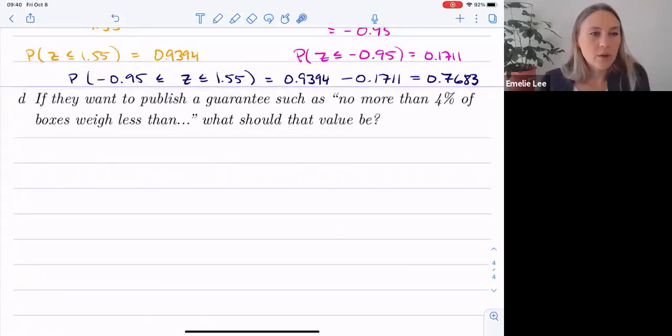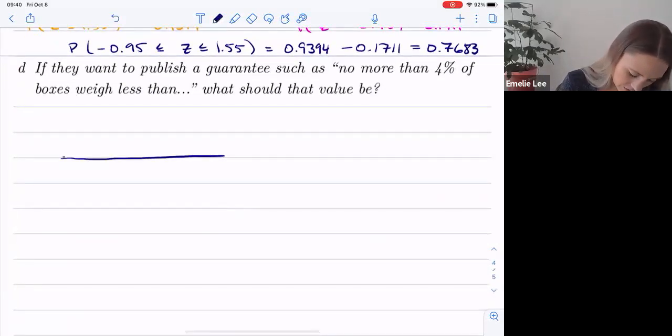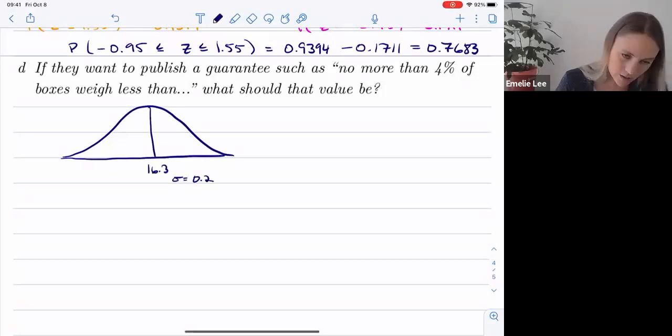So they want to publish a guarantee that says no more than 4% of boxes weigh less than some amount. And what that's going to look like in terms of our curve is still centered on 16.3 and sigma is still 0.2.